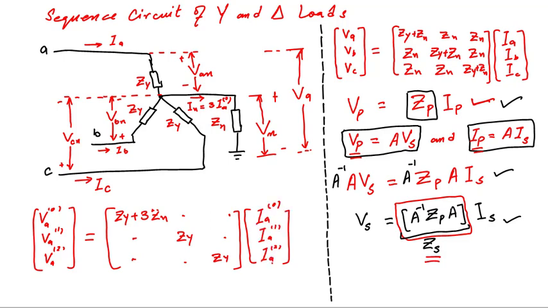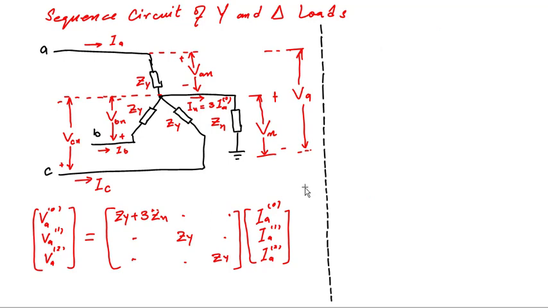Now we have three equations for three sequences. If I write those three equations and draw their corresponding circuits, we have our final result. So let's draw those circuits. Corresponding to the first equation, VA0 sequence is equal to ZY IA0 sequence plus 3Zn IA0 sequence.